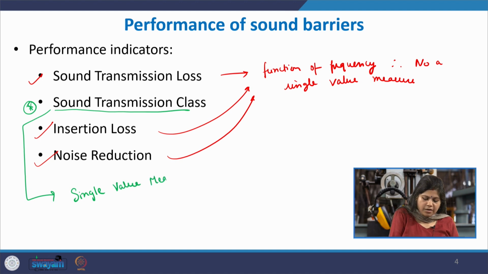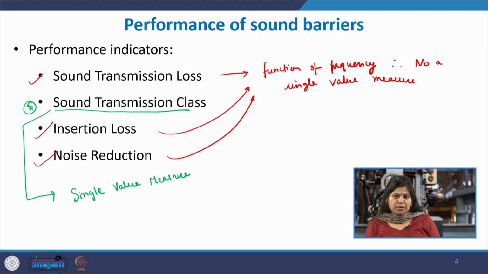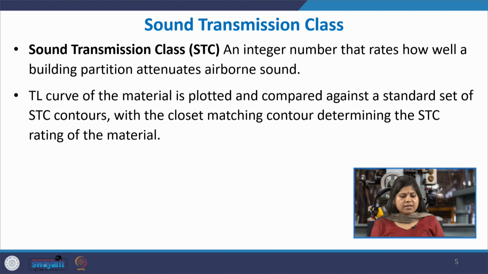Based on the 1/3 octave spectrum obtained when the sound wave passes through a partition, and the transmission loss spectrum that we get, we can compare it to some reference contours to finally get a single value which gives you the sound transmission class of that particular barrier partition. So, let us see sound transmission class or STC.